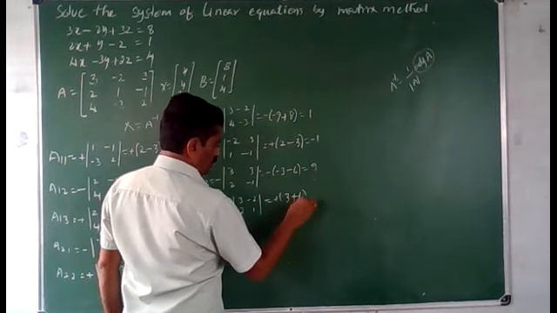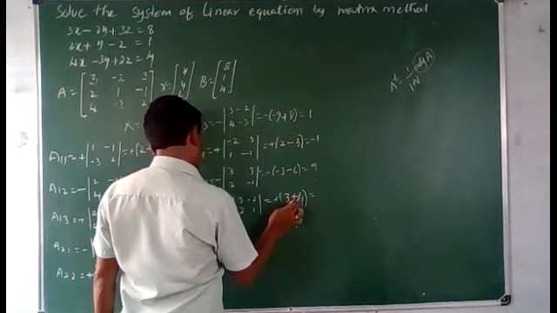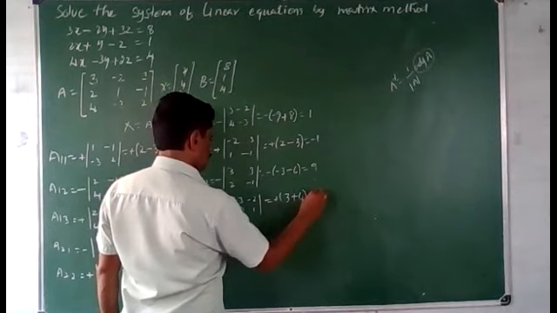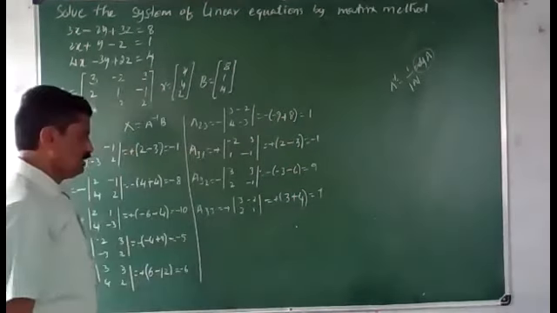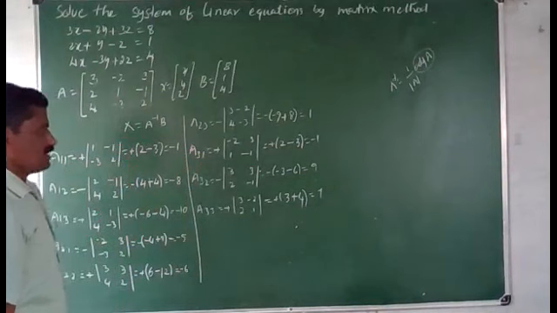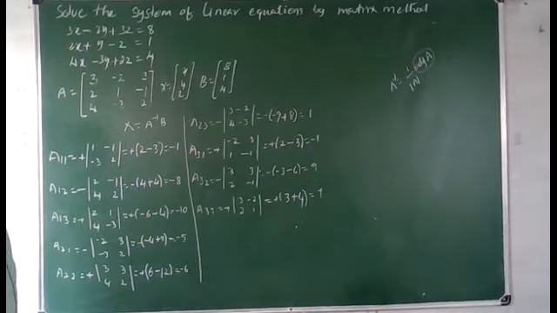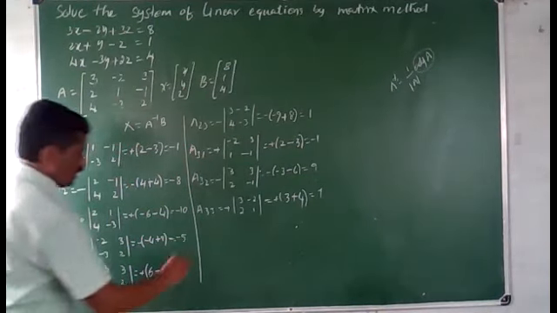So again that is equal to 3 plus 4, 7. Okay, so we got the cofactors. Now we have to write what? The adjoint matrix. Therefore, what is the adjoint matrix?